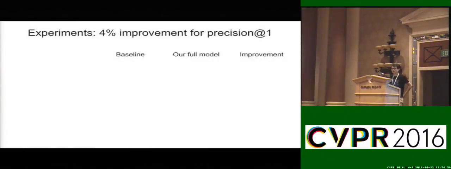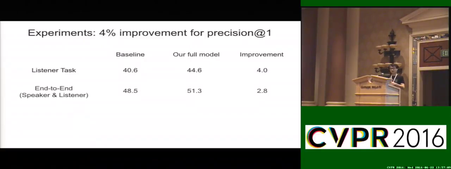And here are some quantitative results. For the listener module, our full model gave an improvement of 4% in terms of precision at 1 over the baseline model. If we evaluate the system in an end-to-end way, which means that we feed the generated description from the speaker module to the listener module, our full model gets an improvement of 2.8% over the baseline model.